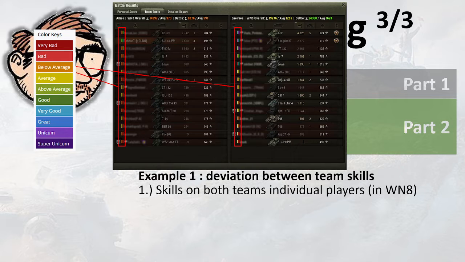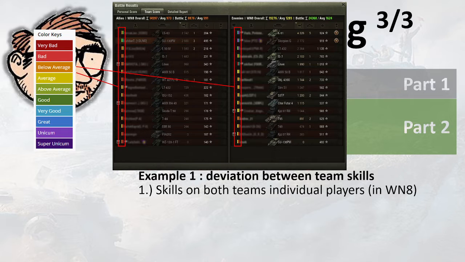So XVM collects values for a player and also for the vehicles he is using, the skill level of that player on that tank. But we are focusing on that first bar, the general skill level of the player.